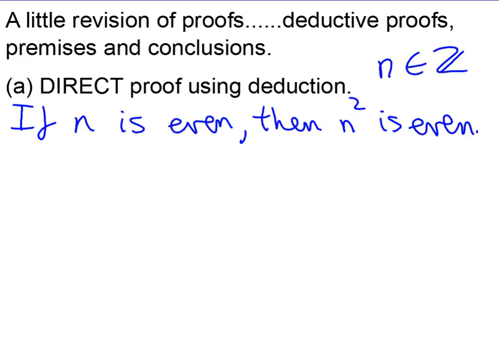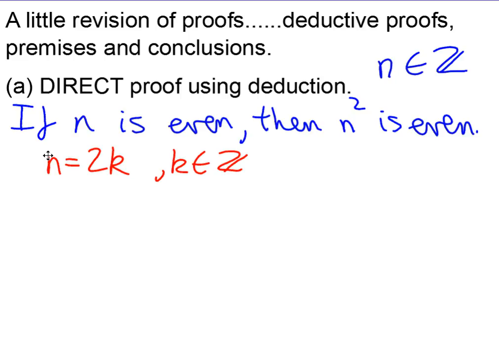Well, here's an implication. If n is even, then n squared must be even. That's what we have to prove. If n is even, we can directly say that n is some multiple of 2, n equals 2k, where k is an integer.